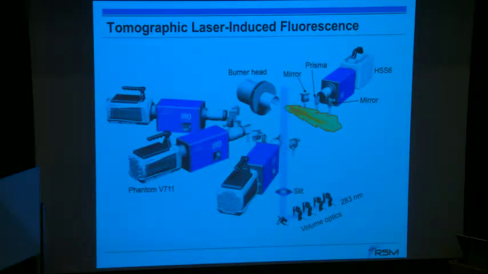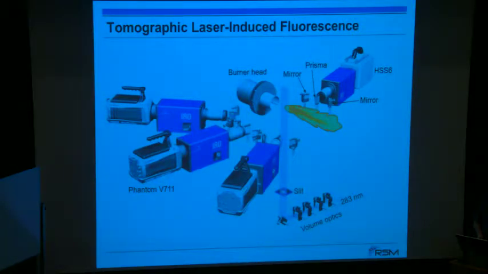And then the reconstruction is working really nicely, although we didn't have as much pulse energy as in the low speed. We're now talking about a conventional high-speed dye laser, frequency doubled to 283, pumped by a normal high-speed YAG laser.